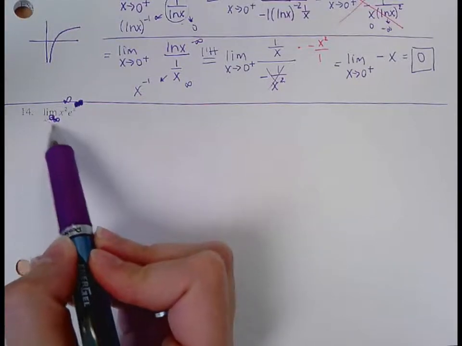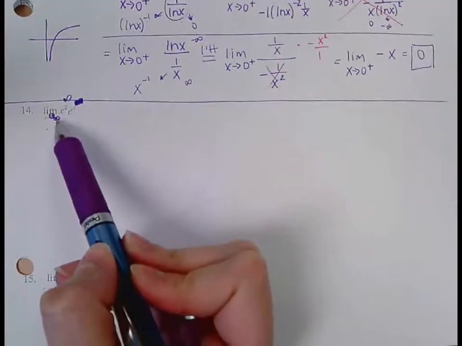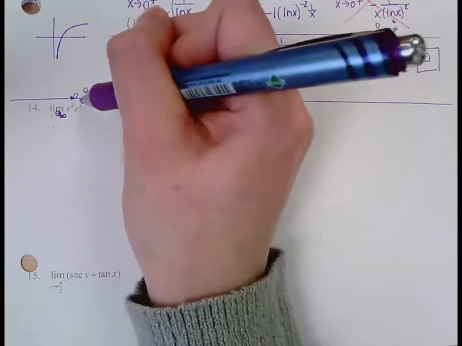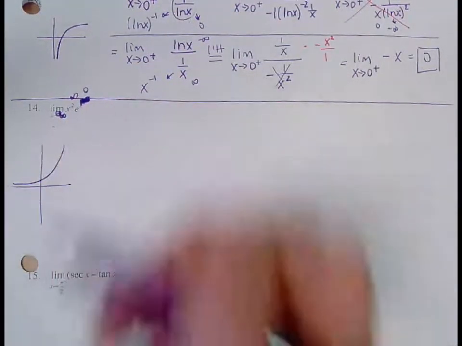So it's supposed to be negative infinity. That is my typo. I'm sorry. So e to the x, if x is approaching negative infinity, what does e to the x approach? It'll approach 0, yes. This is the graph of e to the x.